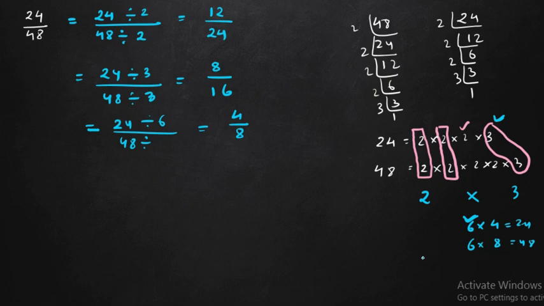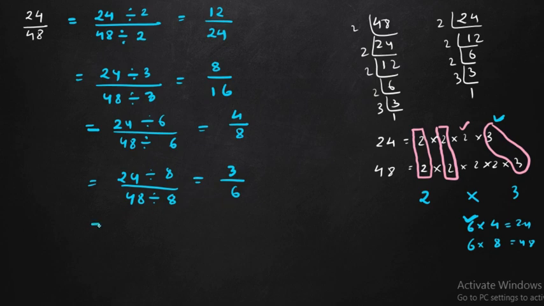Now 8 is also a common divisor, because in the multiplication table of 8, 24 and 48 come. So 8 is also a common divisor of 24 and 48. If we divide the numerator and denominator by the common divisor 8, we will get 8 3s are 24 and 8 6s are 48, so 3 by 6.